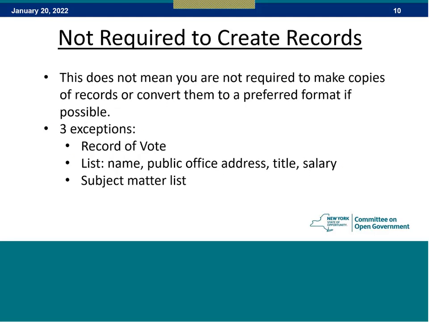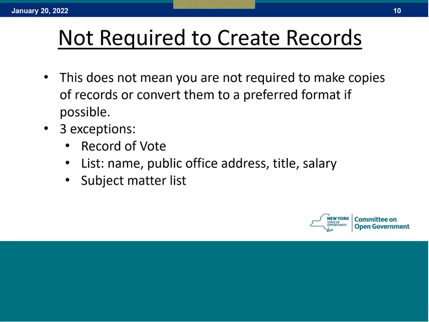Under the Freedom of Information Law, however, an agency is not required to create records. They're not required to answer questions. They're not required to provide information that does not exist in record form. The Freedom of Information Law governs access to existing records that the agency maintains or that are maintained for the agency.